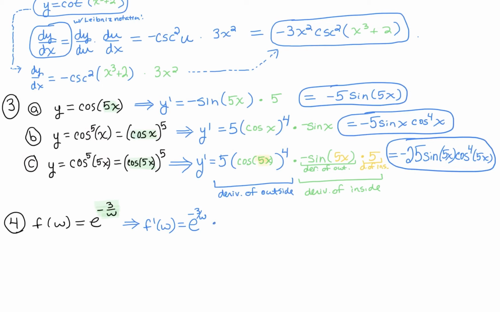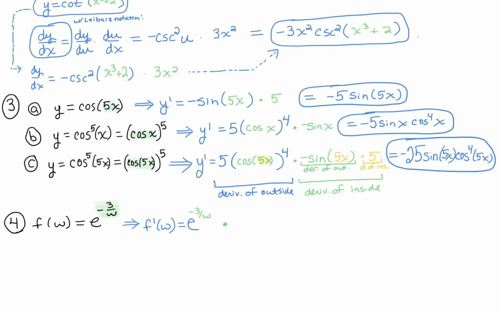Then times the derivative of the inside. Actually, let's rewrite that a second here. So this is our e to the negative 3 over w. That's my inside function. And now I need to take that times the derivative of that inside.